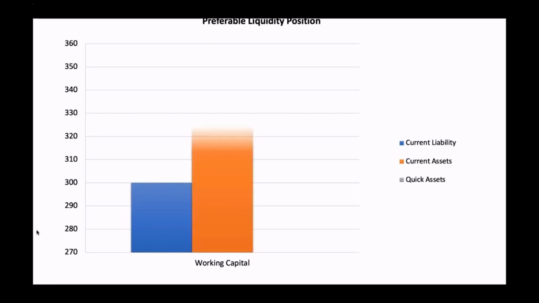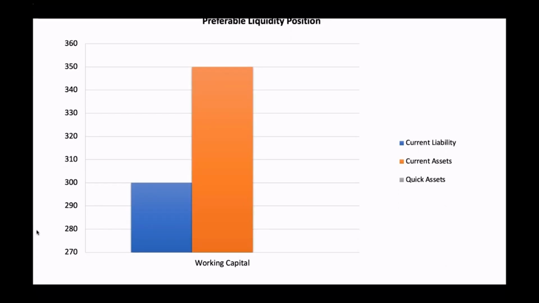So how should a quick ratio be, or how should the liquidity position of a business be? Look at this. This blue bar is your obligation. If you have 300 as your obligation, your current assets should not be exactly equal to 300. It should be greater than 300. Roughly, let me say it should be like 350.